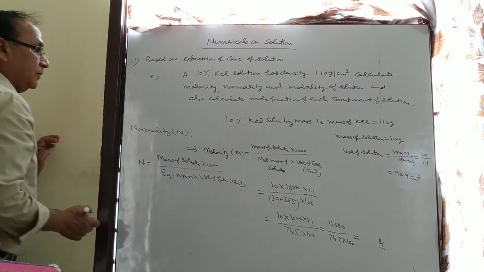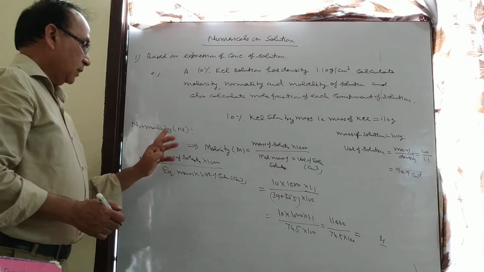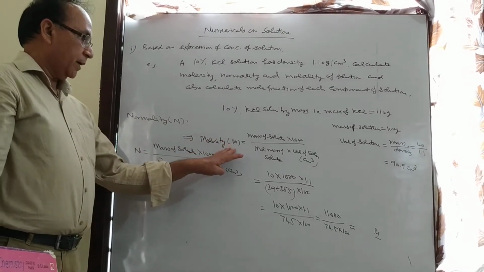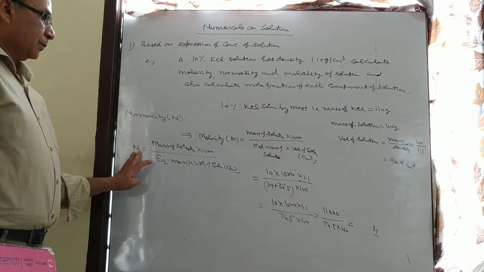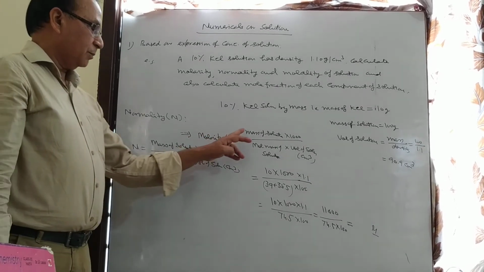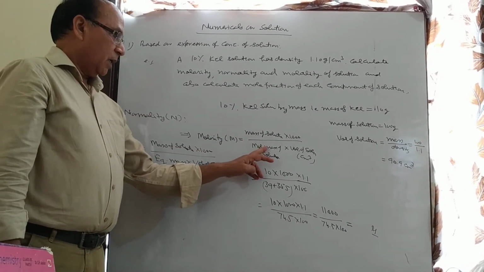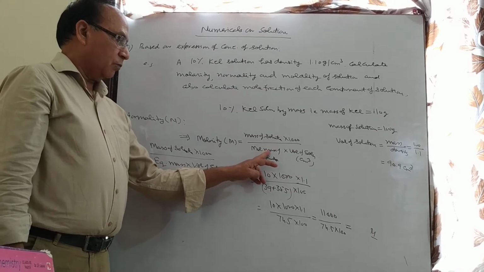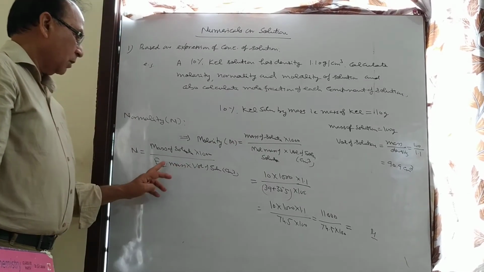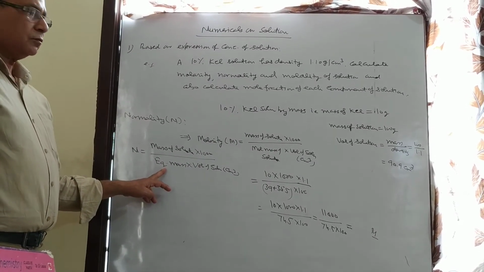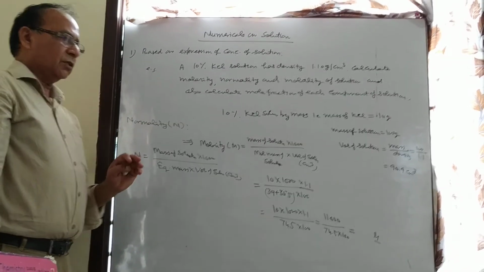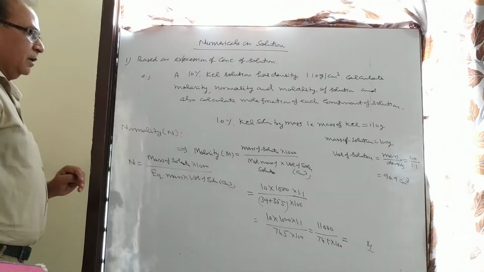We can compare molarity and normality and see the difference in their formulas. In case of molarity, we are taking molecular mass, while in normality we are taking equivalent mass. And you know equivalent mass is equal to molecular mass divided by valence.